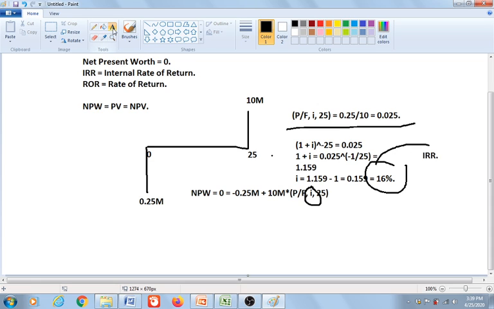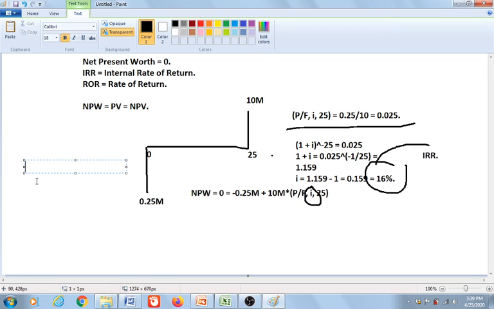If you do that correctly, it will be between I equal 15% and I equal 18%.